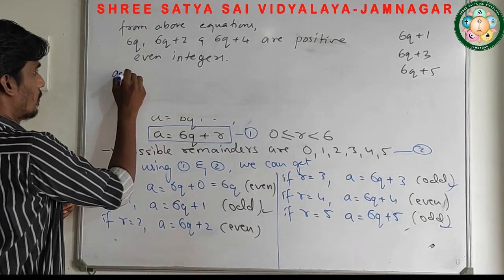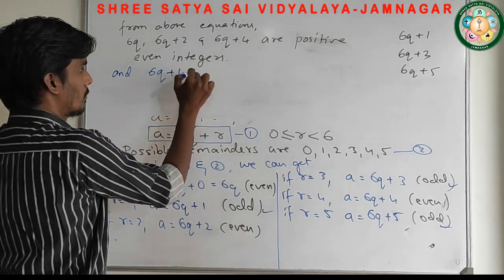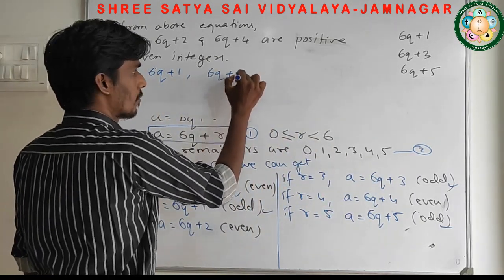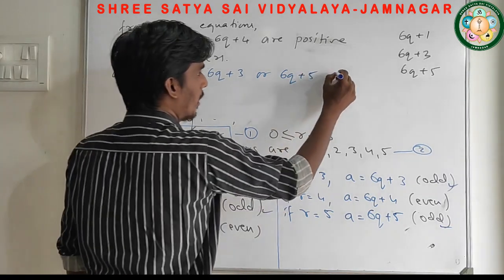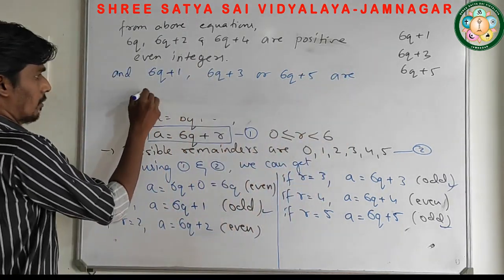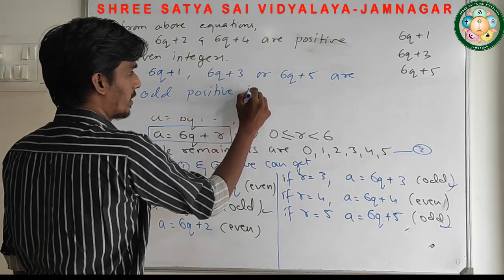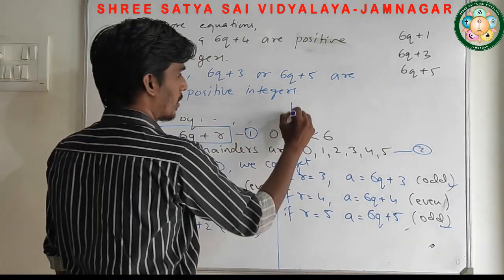And this one 6q plus 1, then 6q plus 3 or 6q plus 5 are what? Odd positive integers.